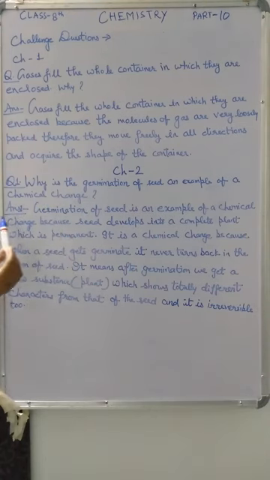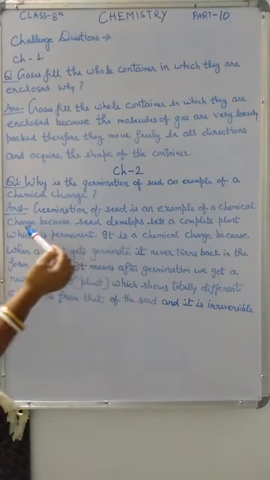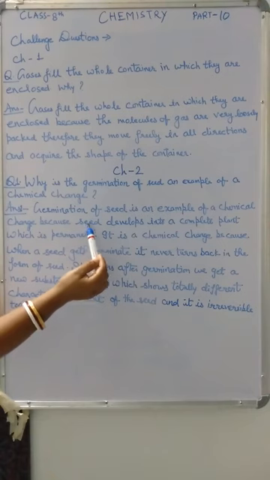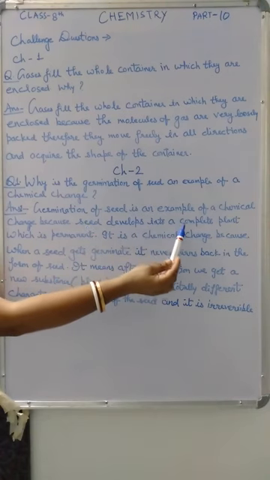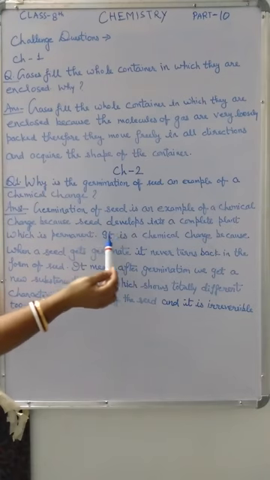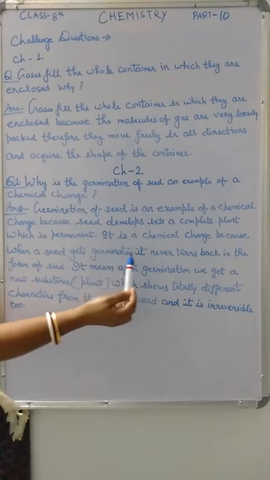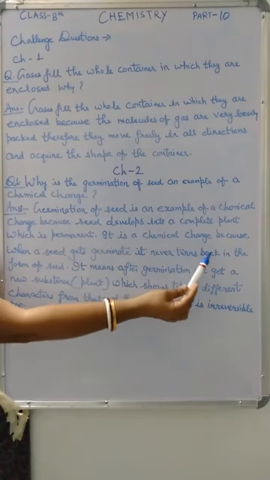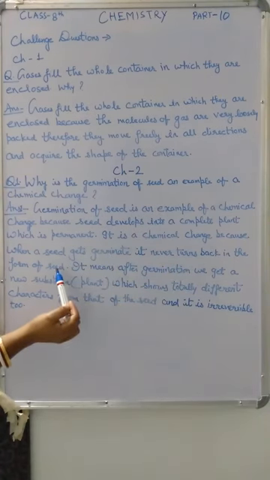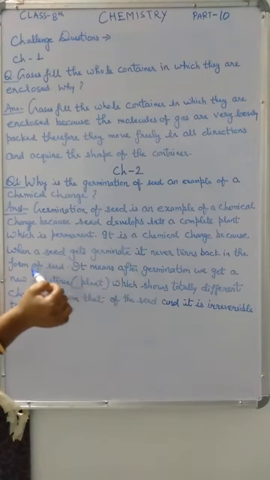So your answer is, germination of seed is an example of a chemical change because seed develops into a new complete plant which is permanent. It is a chemical change because when a seed germinates, it never turns back into the form of seed. We cannot get back the seed again.